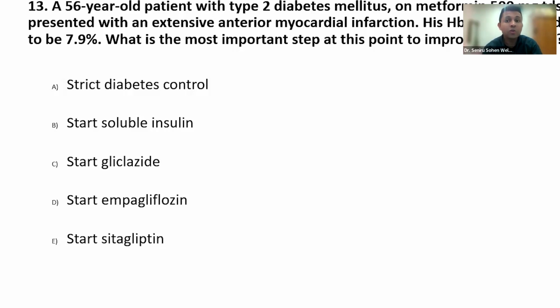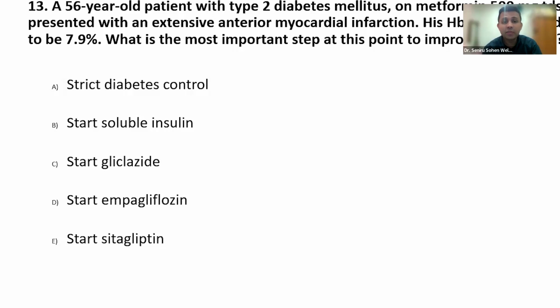So you need to take the patient off metformin, but you need to tightly control the blood sugar, because uncontrolled blood sugar in a patient having an extensive myocardial infarction will have a worse prognosis and can even lead to morbidity and mortality. So let's look at the options.